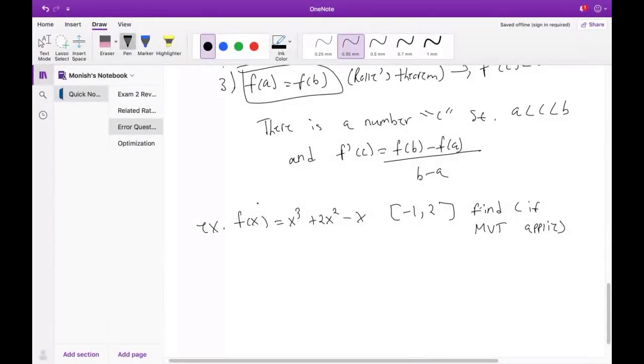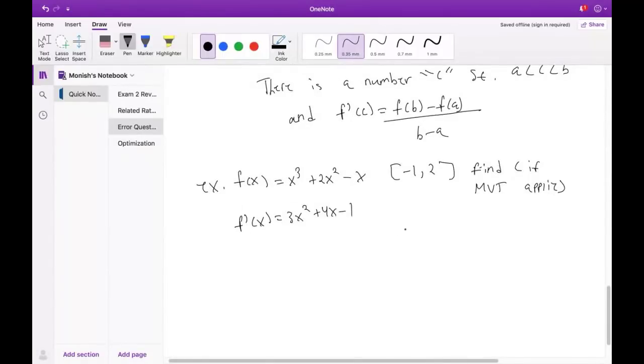Okay, so I'll go ahead and work this out too. First thing I'll do is take the derivative. So 3x squared plus 4x minus 1. And then I'm going to find f of b minus f of a over b minus a.